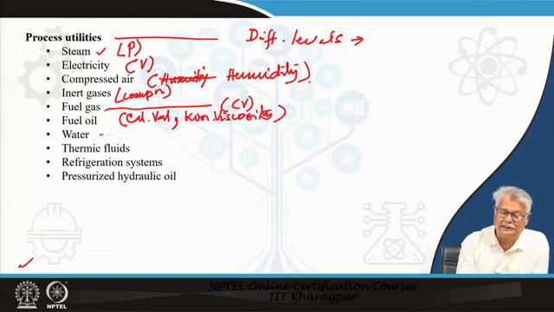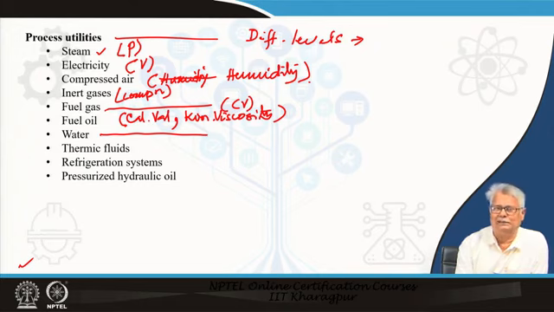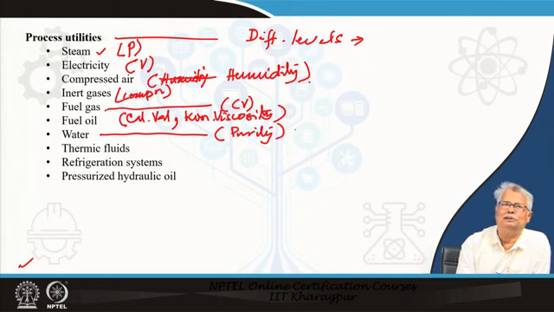In case of water, naturally there are different types of water used in the process. It could be raw water, it could be demineralized water. So, naturally I will put it here as the purity, and the different tests for purity we will talk about as we go on.